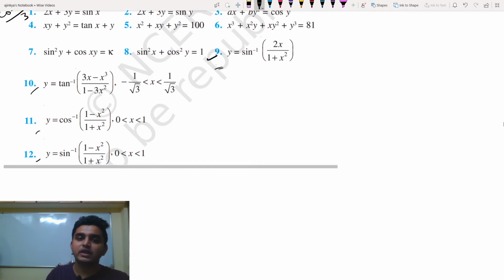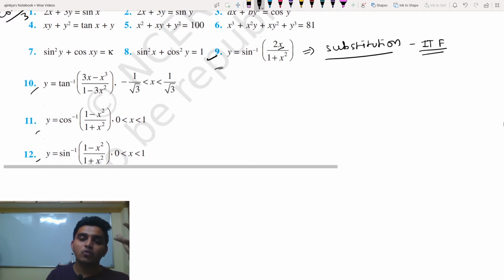So in question number 9, it says that y equals to sine inverse of 2x upon 1 plus x square. So here you need to understand one thing, that substitution is an easiest way to carry out inverse trigonometric functions.